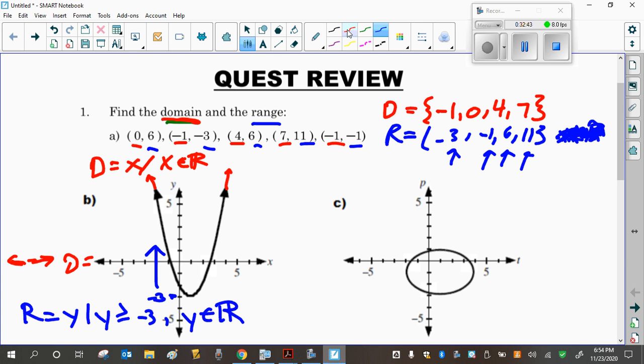Going to C. All the values. This graph goes left to right. It looks like it's from -2 to 4. So the domain equals all the values of, not x, I almost put x, it's actually t. All the values of t.